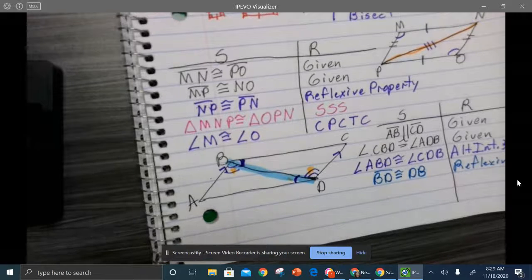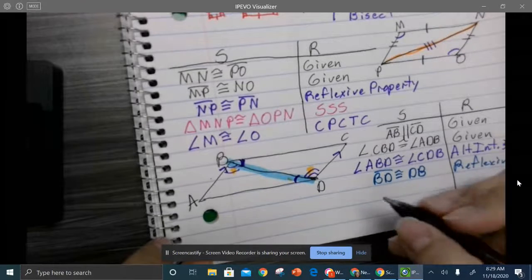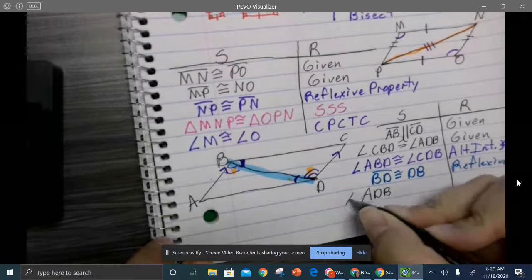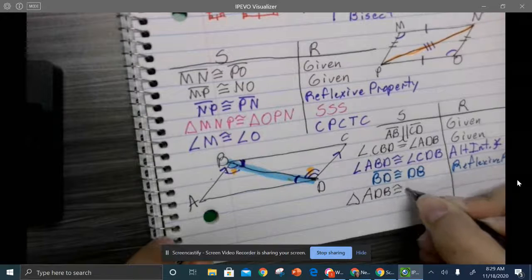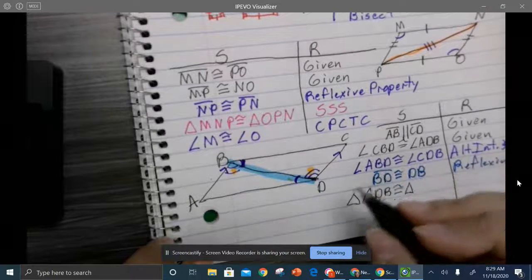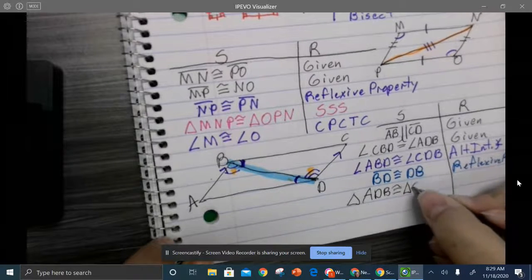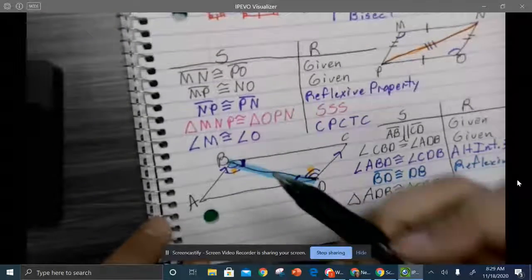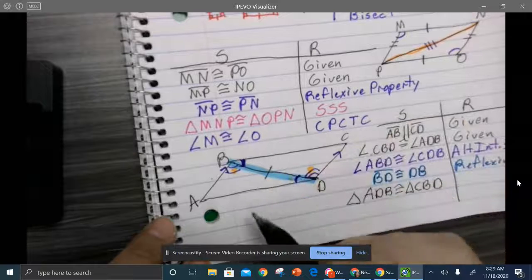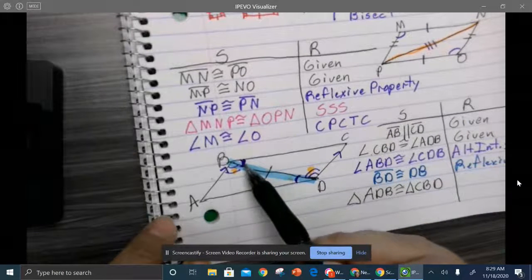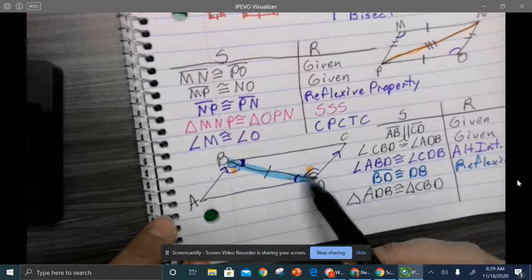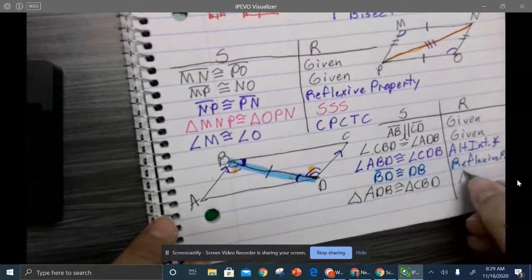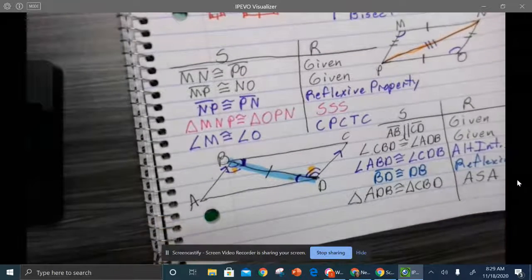So now we have that triangle ADB is congruent to triangle CBD. And the reason, everybody, is we have angle, side, angle. So we're going to use angle, side, angle.